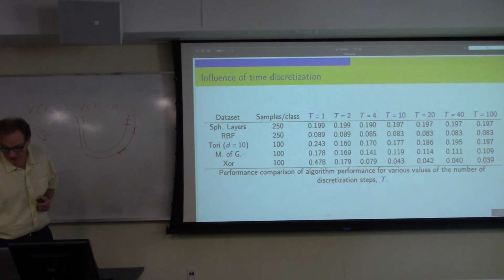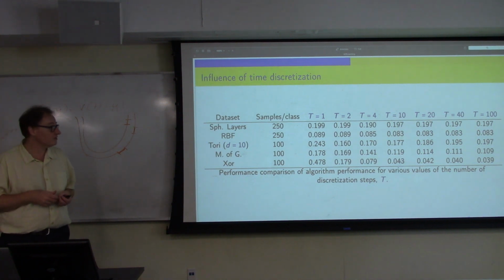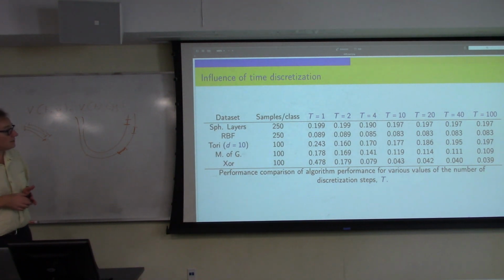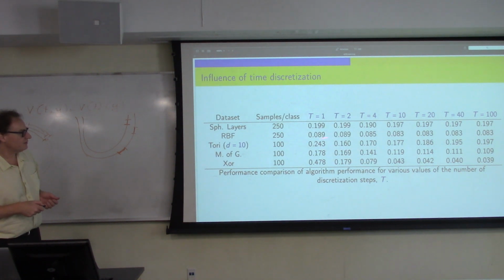The time discretization is as expected. You converge to the limit classification rate. It's natural because the whole thing is a discretization of an infinite dimensional problem. There are a few surprises, like here, where you get better with a small discretization.